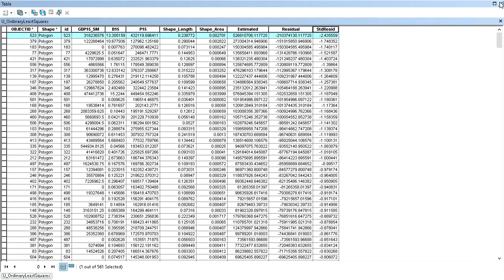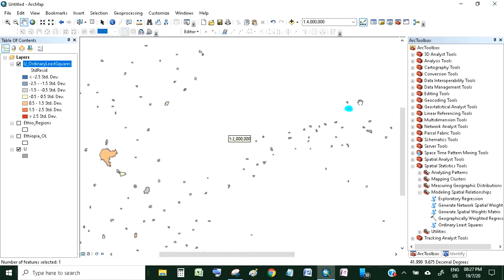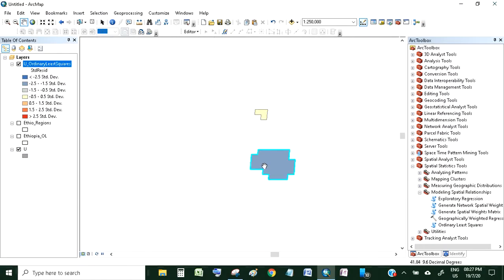And where is the center? The center is here. And what is the color? The color is blue. So it is clear that the blue color is showing those areas where the GDP is less than expected. On the other hand, the red color will show where the GDP is higher than estimated based on population and built up.